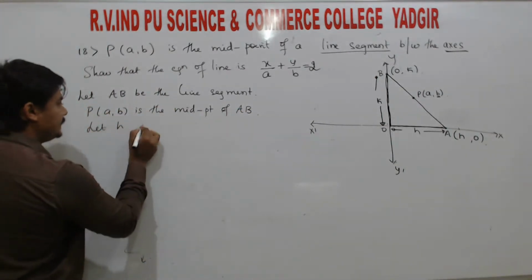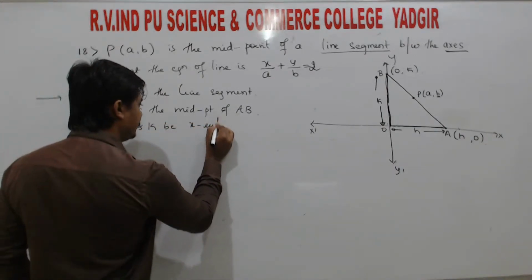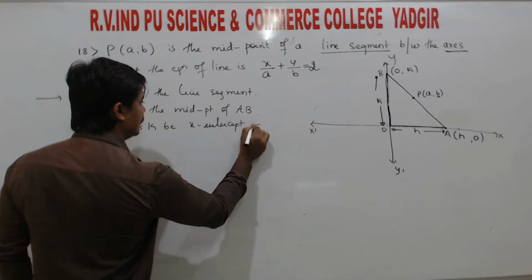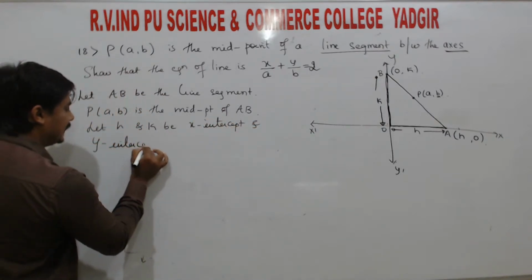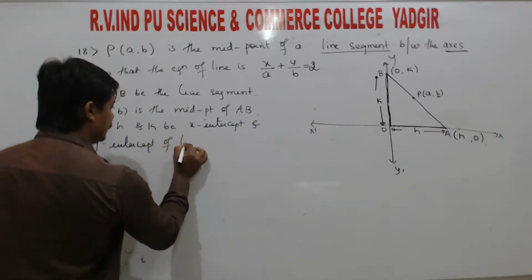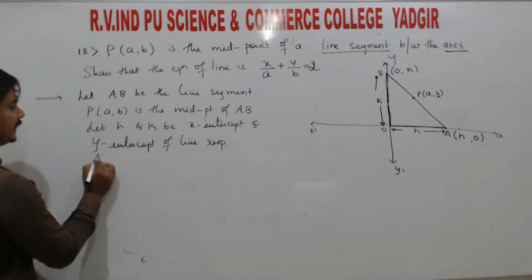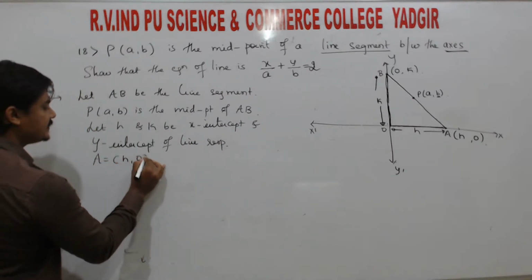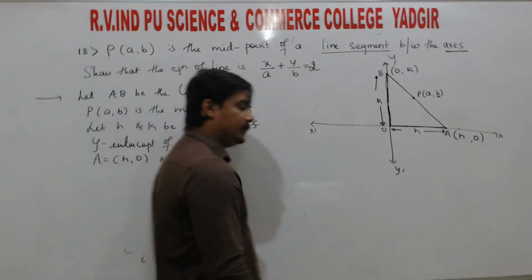Let h and k be the x-intercept and y-intercept of the line respectively. ಹಾಗಿದ್ದ ಮೇಲೆ ಎ ಪಾಯಿಂಟ್ ಇನ್ ಕೋಆರ್ಡಿನೇಟ್ಸ್ ಏನಾಗ್ತವೆ h, 0, ಬಿ ಪಾಯಿಂಟ್ ಇನ್ ಕೋಆರ್ಡಿನೇಟ್ಸ್ ಏನಾಗ್ತವೆ 0, k.